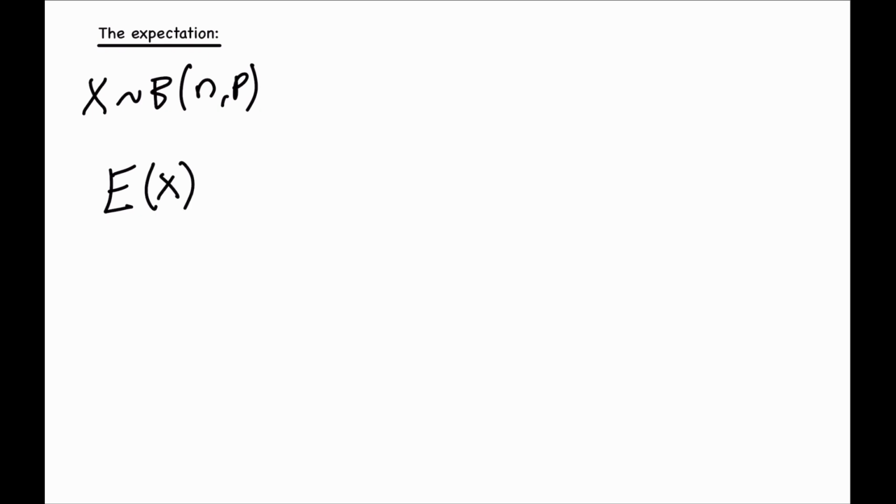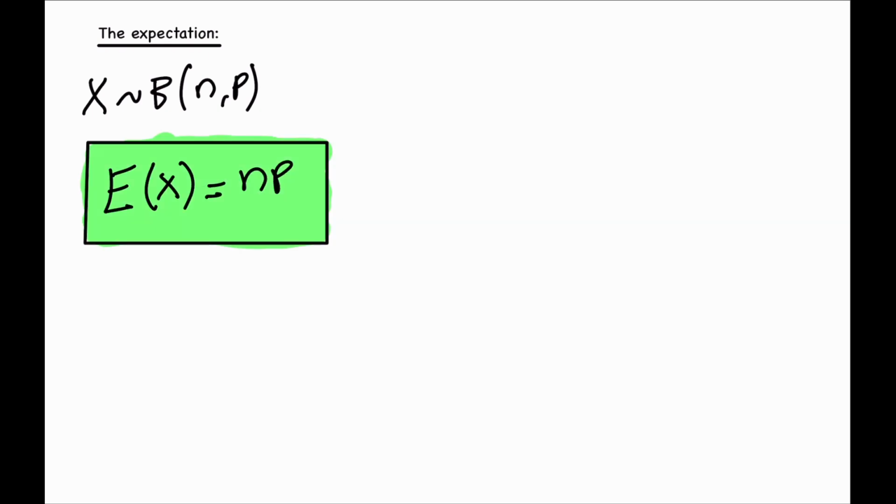So for the expectation of the binomial distribution, if you have a distribution that looks similar to the ones we've done before, so x follows the binomial of n and p, the formula for the expectation, E of x, is equal to n times p. And the expectation is the most likely outcome.